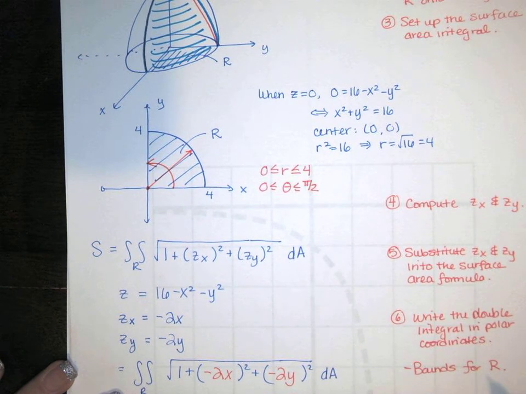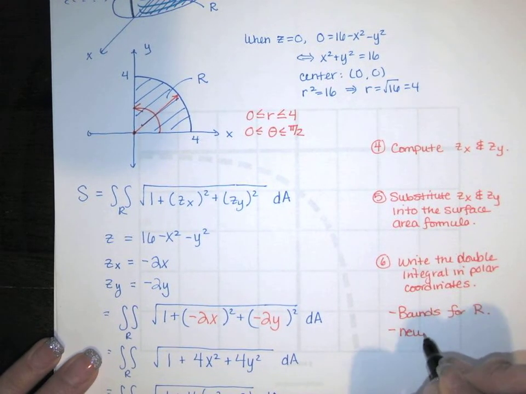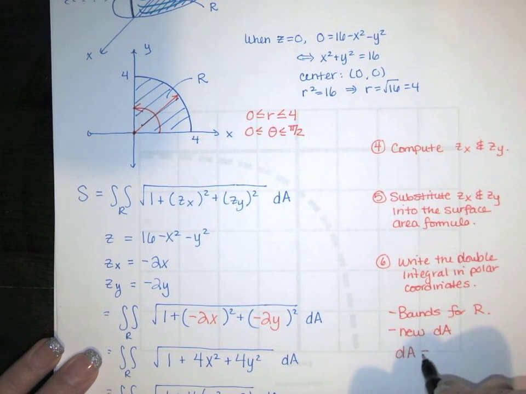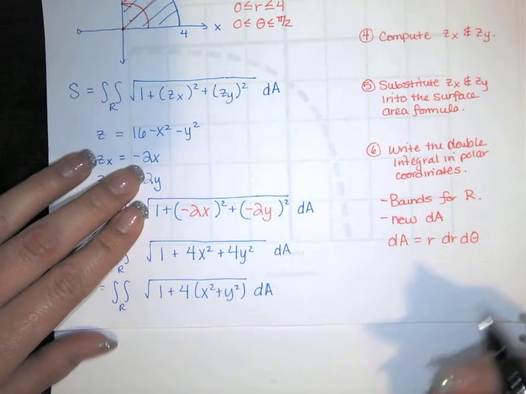So we've got bounds for r. We need a new dA. dA will be replaced by r dr d theta, or d theta dr, whichever we prefer. And then the last thing we need is a new integrand.